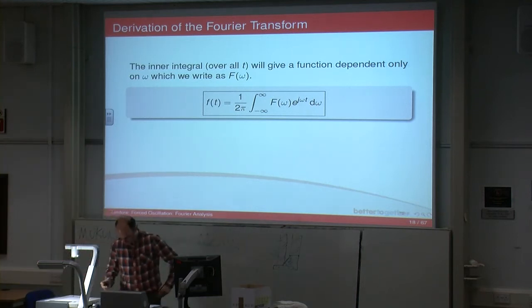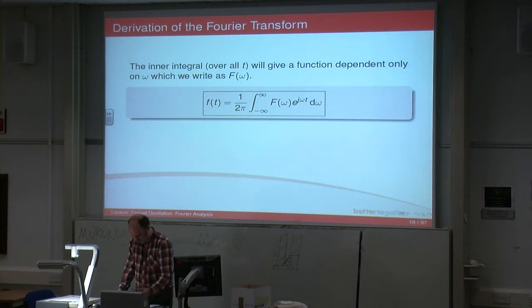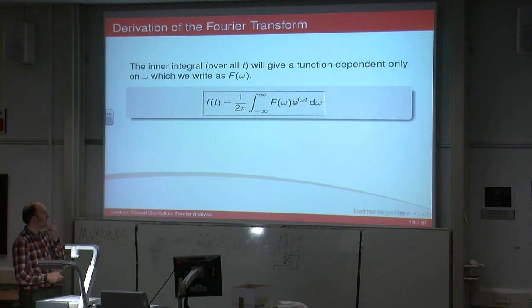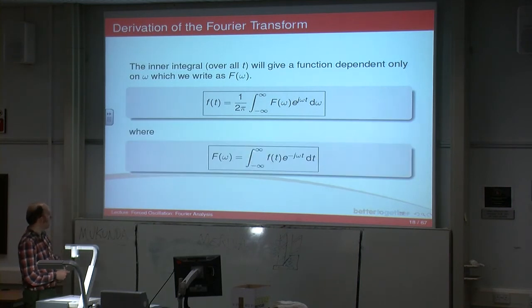It's quite complicated, I know, and it's difficult to grasp on first sight. But read through the notes again, and hopefully it will become clearer. So F of omega is this bit here, that's the Fourier transform of this. And that's how you get it.